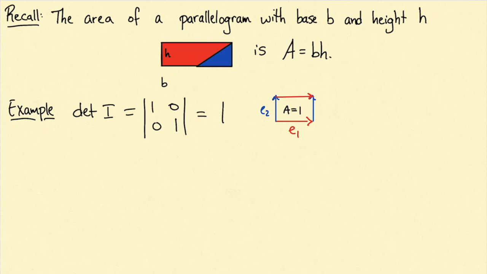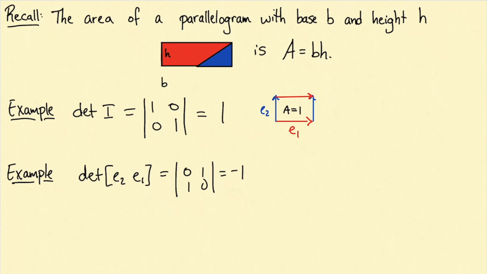Now, the determinant of the matrix, which interchanges E1 and E2, is -1 because it forms a square of area 1, but the vectors are flipped in their locations, causing it to be negatively oriented.